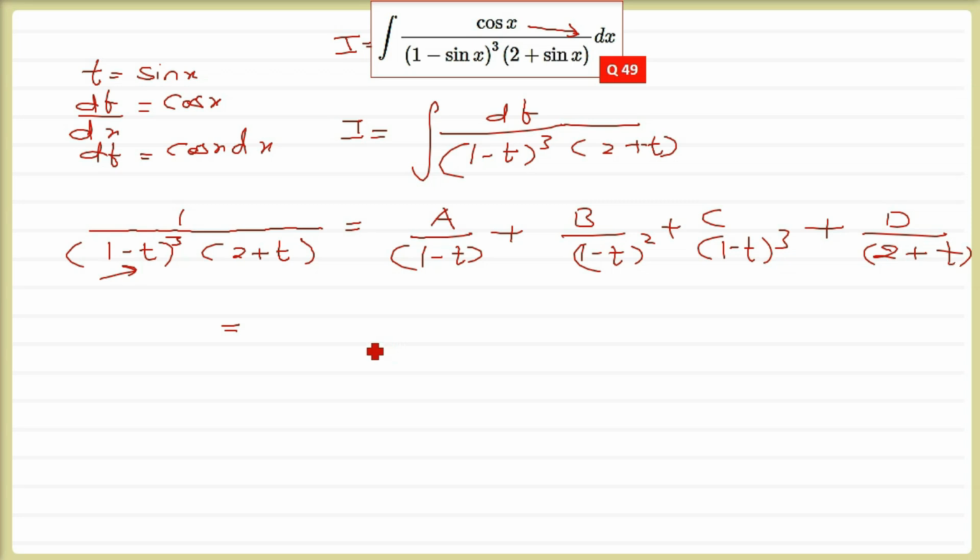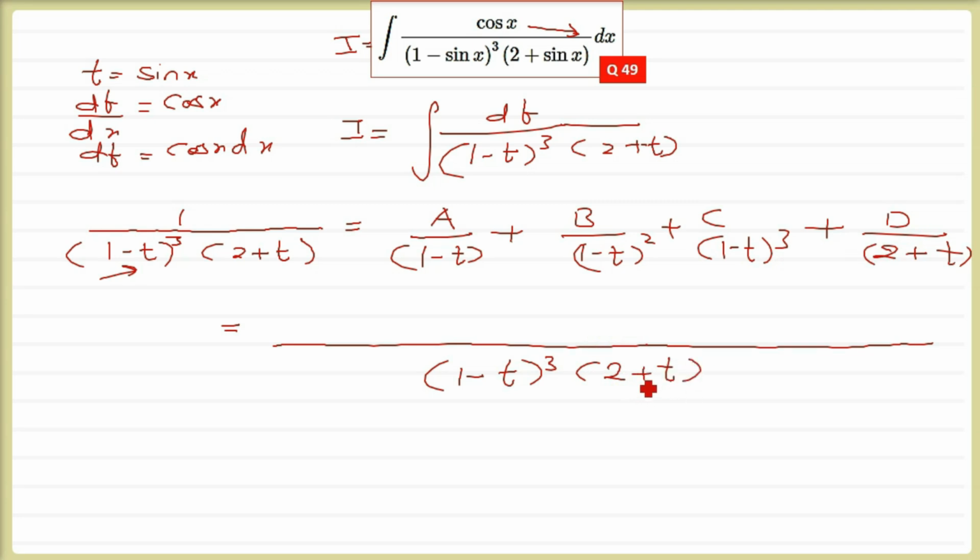Now let's take the LCM. There will be a lot of multiplication you have to do. You have to know the (1 minus t) whole cube also. And I hope that from standard 7 to standard 11, you have already done this a, b, c, d finding, the linear equation, the quadratic equation, etc. So the denominator will be (1 minus t) whole cube in this case, along with a 2 plus t.